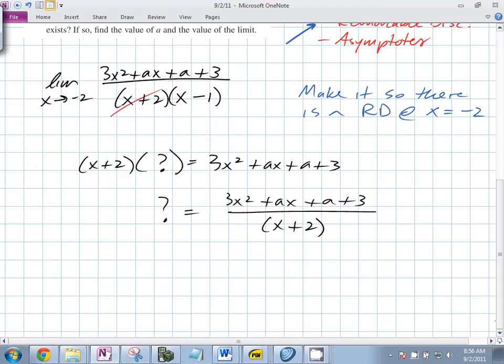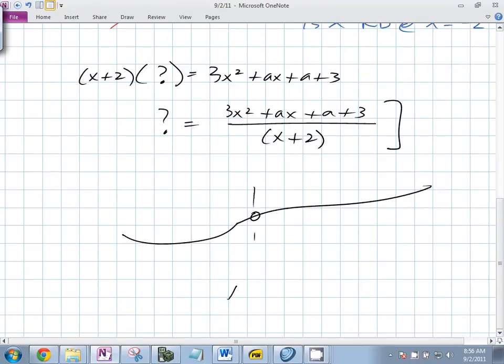Okay, what are we going to do to this? Because if there is a removable discontinuity there, the limit still exists. If you're traveling along and there's a hole right here at x equals -2, does the limit exist at x equals -2? Yes.